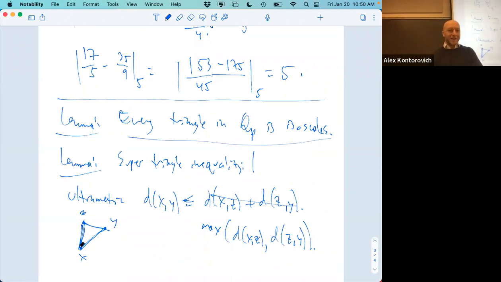One of these, either X to Z or Z to Y, is already long enough to be an upper bound for the distance from X to Y.